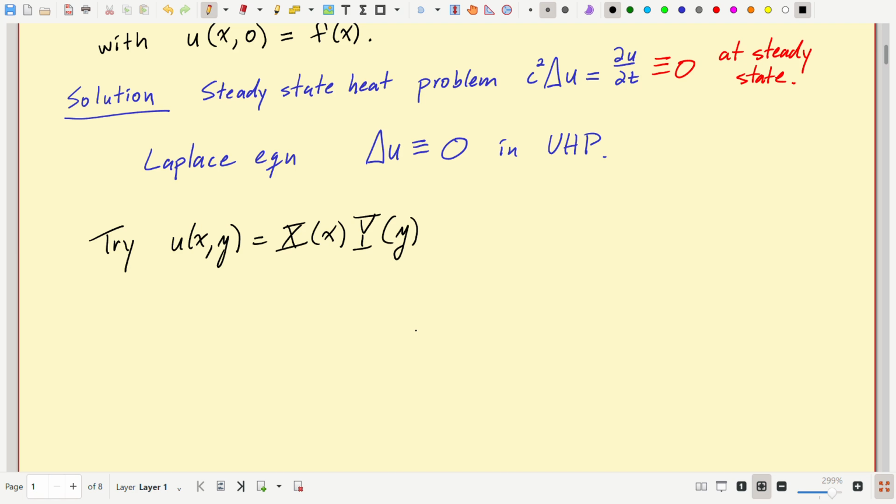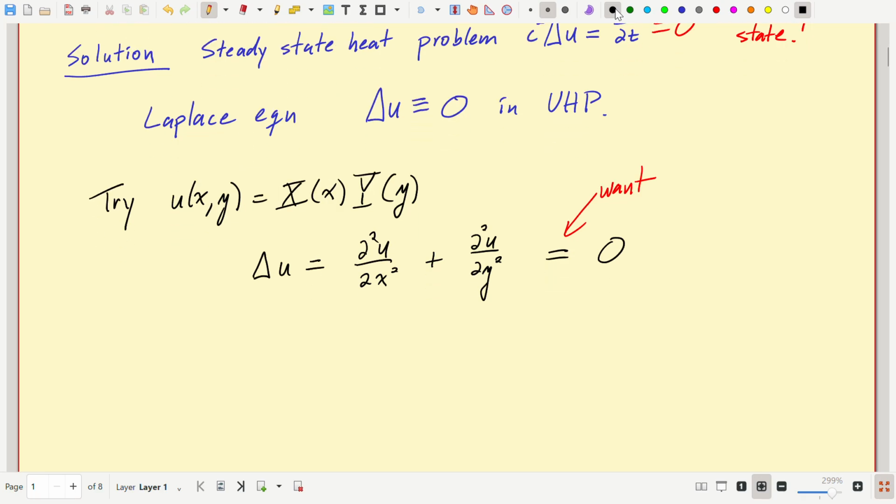And so when you try that and stick it in, the Laplace equation is d2u dx squared plus d2u dy squared. Of course, we want that to be 0. And when I plug in these functions of the special form, the x derivatives would pile on the X function, so I get X double prime, and Y would float along like a constant.